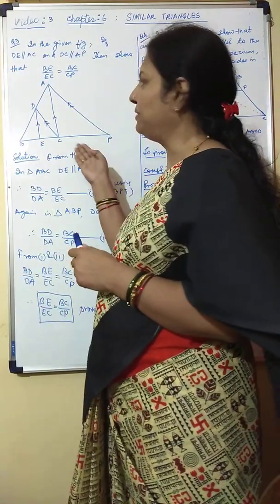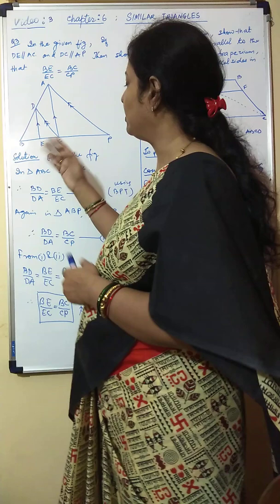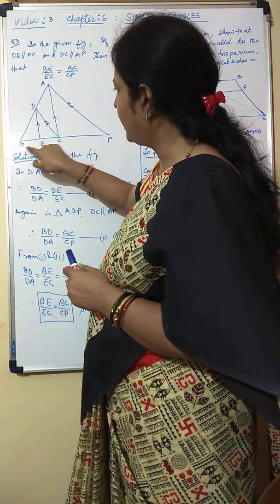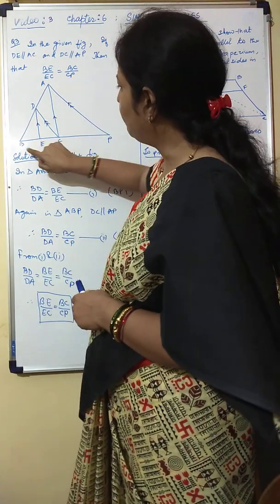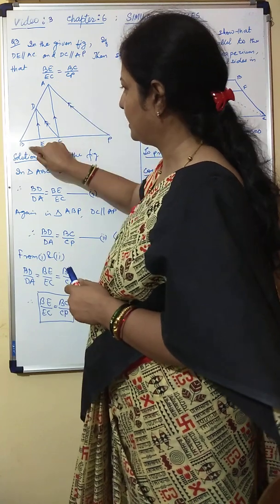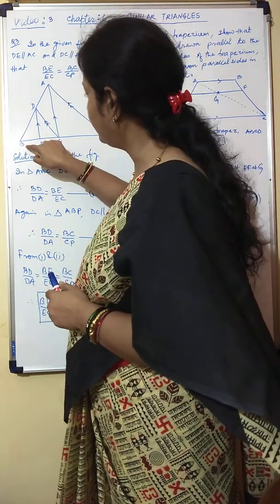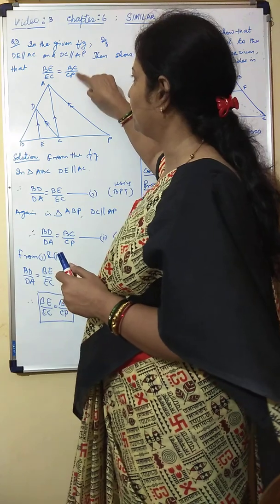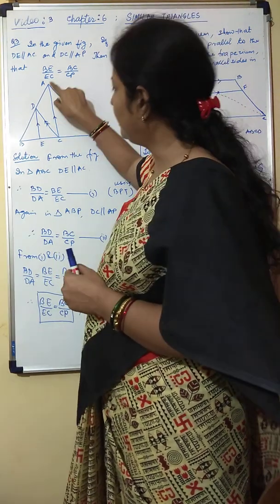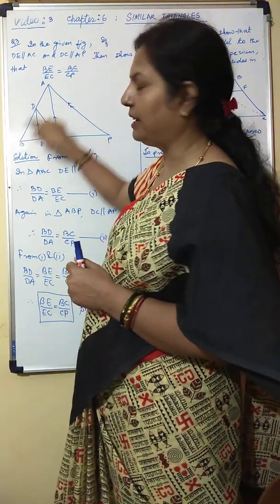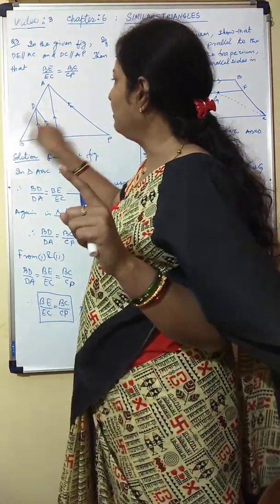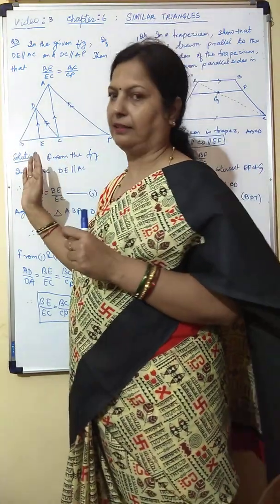In this figure there is a triangle ABC, of which the ratio is BE and EC, and a second triangle ABP, of which the ratio is BC and CP. So clearly AB is a line common to both these triangles.